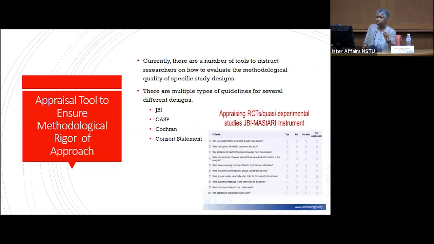And I make sure that I address those sources of error in my proposal, or if those potential sources of bias cannot be eliminated, then I name them and talk about how I will address them in my statistical analysis. Okay, so use one of these types of tools to help increase the rigor of your design.